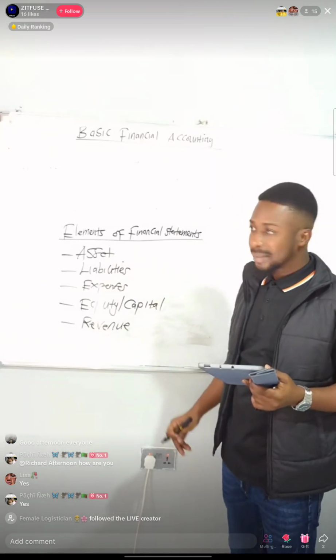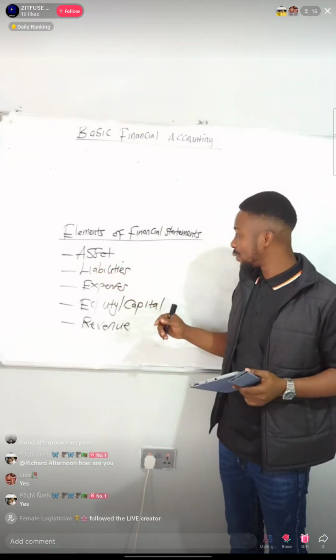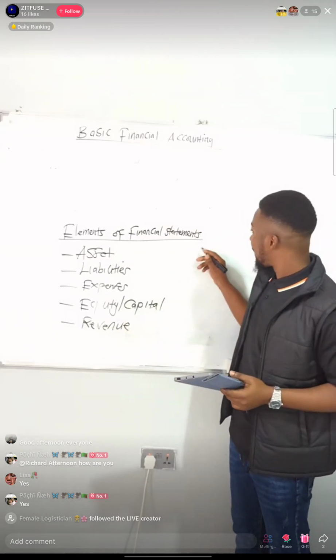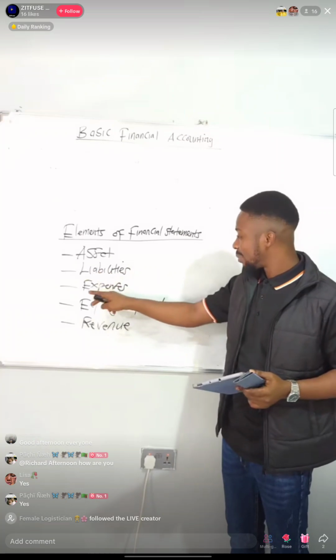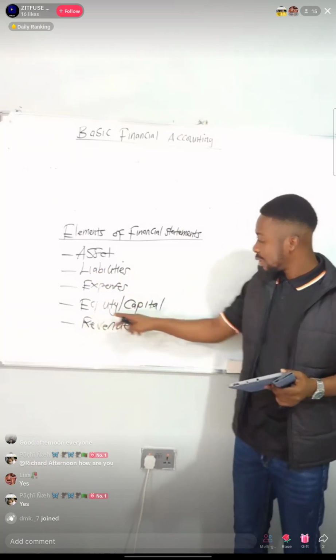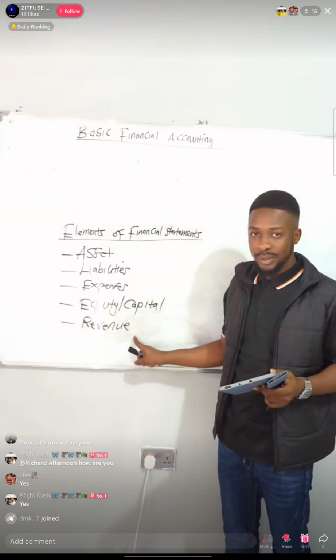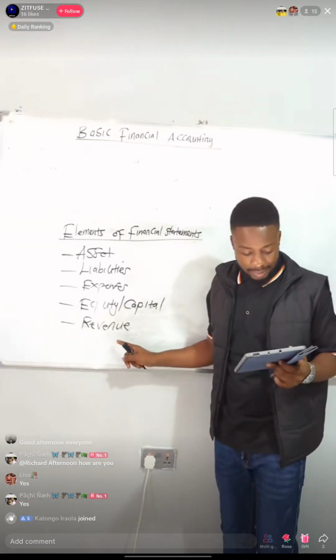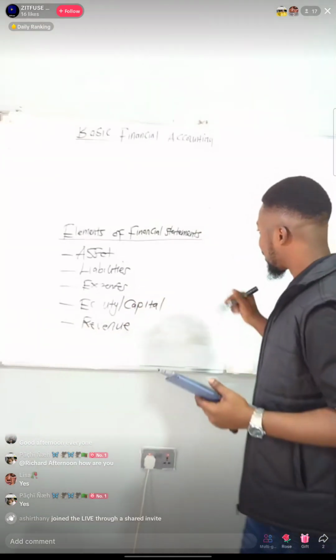And then we mentioned the elements of financial statements. We have 5 elements of financial statements, which are assets, liabilities, expenses, equity or capital, and then we also have revenue. So these are the 5 elements of financial statements.